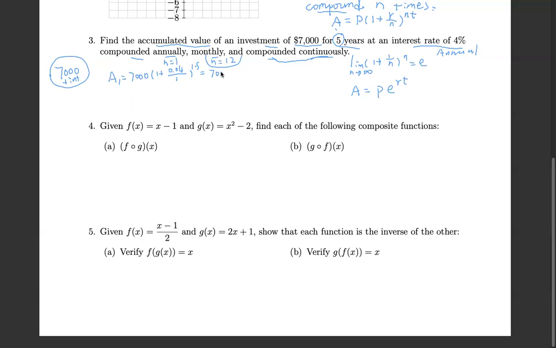So that's 7,000 times 1.04, because inside the parentheses is 1 plus 0.04 divided by 1, which becomes 1.04. Then raised to 1 times 5, which is 5.